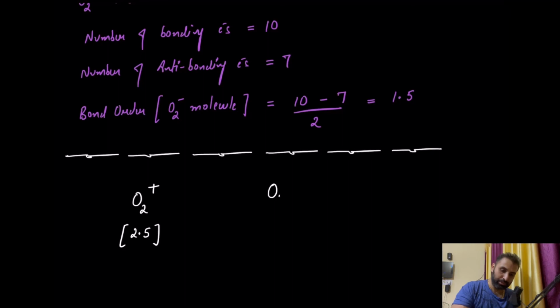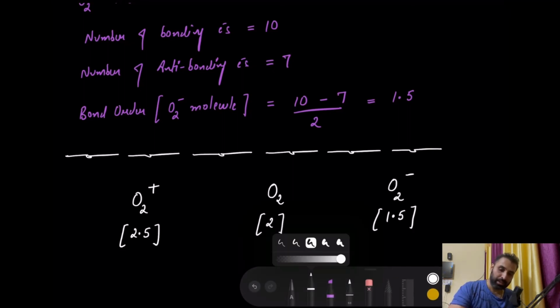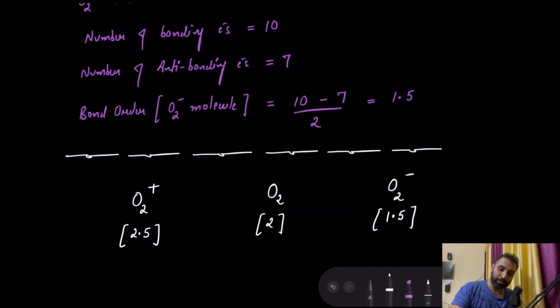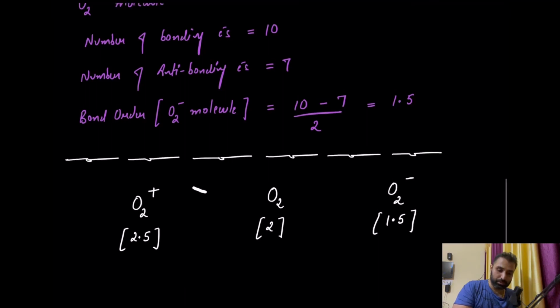For O2 we got the bond order of 2, and for the O2 negative we got the bond order of 1.5. In the previous lecture I have told you that higher the bond order, higher will be the stability of that molecule. So that means O2 positive is most stable and O2 with a negative charge is the least stable because of the least bond order in case of O2 negative.